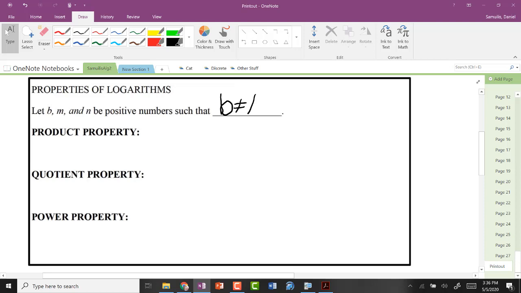So the first one's the product property. So we have log base b of mn. It's a product. Now, this completely goes with the rules of exponents because remember that logarithms are equal to exponents.